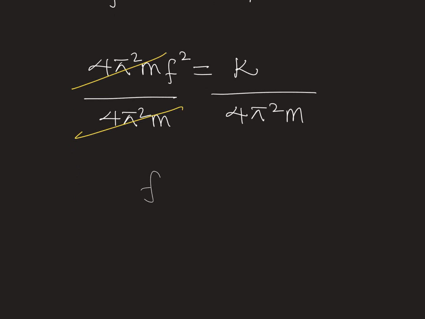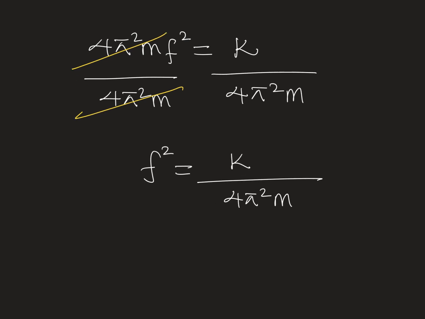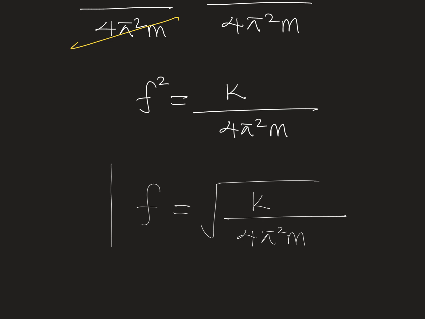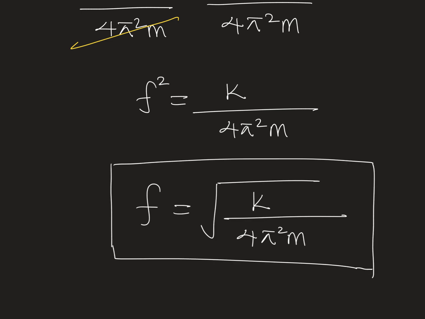So it means f square is equal to k divided by 4 pi square m. So in other words, if I want to find the frequency, that will be the square root of k all over 4 pi square m. So this is also another formula to find frequency.